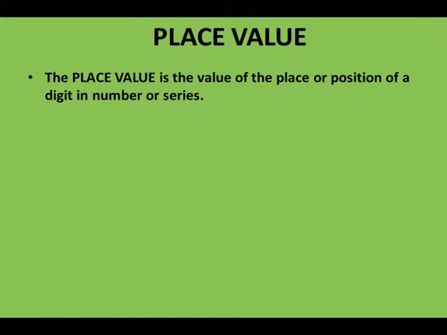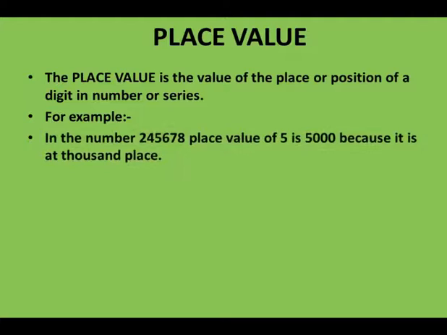So first we are reviewing place value. The place value is the value of the place or position of a digit in the number or series. For example, we have been given the number 2,45,678. Here the place value of 5 is 1000 because it is at the 1000 place.